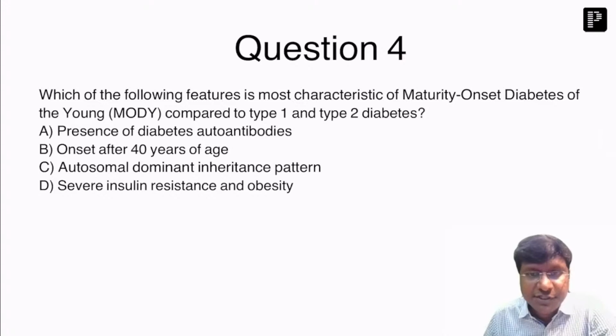Which of the following features is most characteristic of MODY compared to type 1 and type 2 diabetes mellitus? Presence of diabetic autoantibodies, onset after 40 years, autosomal dominant inheritance pattern, severe insulin resistance, and obesity.